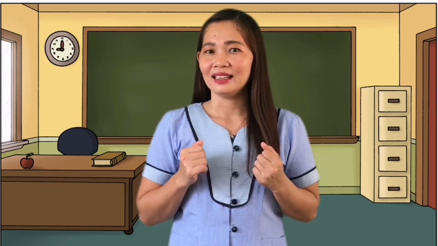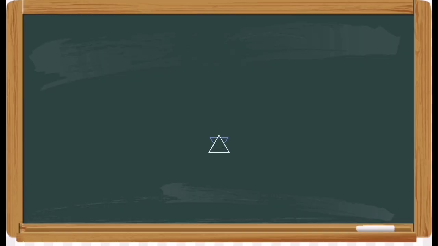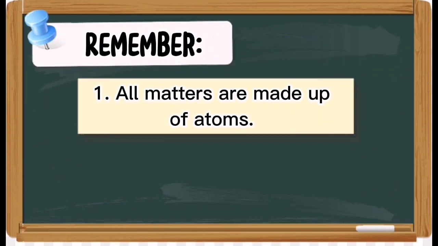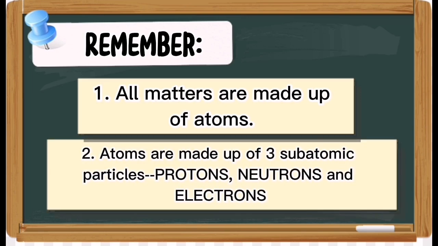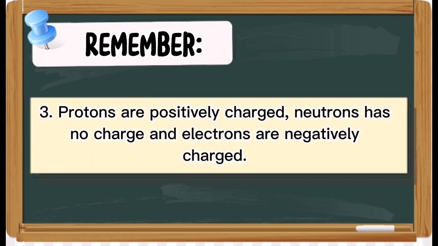What have you learned from this episode, class? Let's summarize. Remember, all matter is made up of atoms. Atoms are made of 3 subatomic particles: protons, neutrons, and electrons. Protons are positively charged, neutrons have no charge, and electrons are negatively charged.